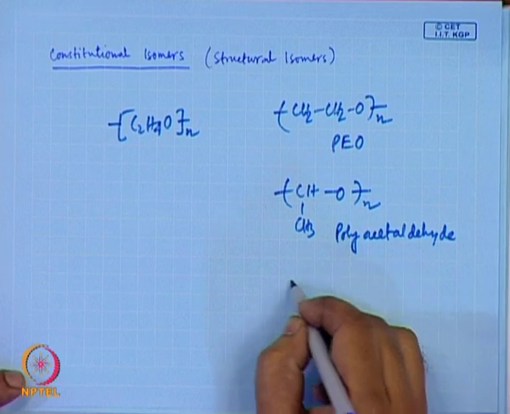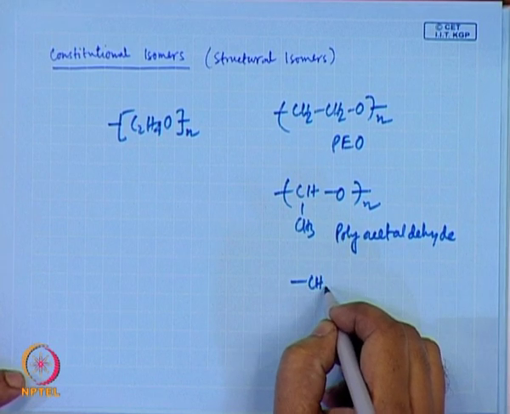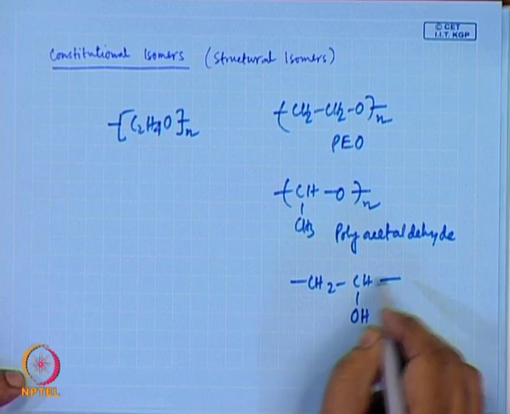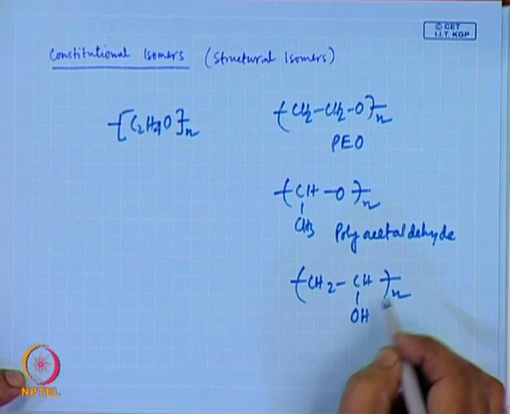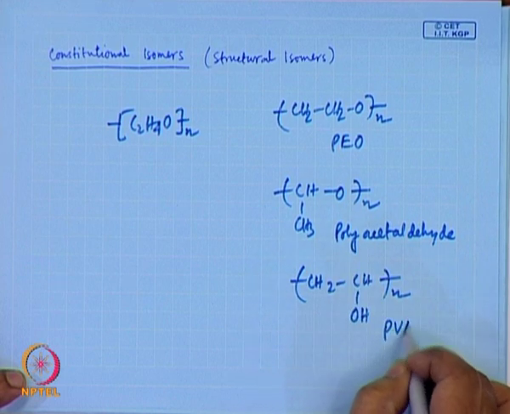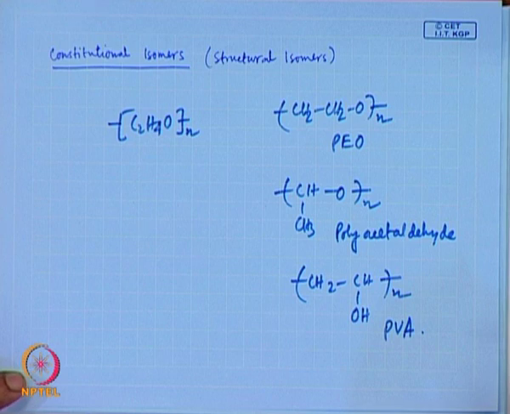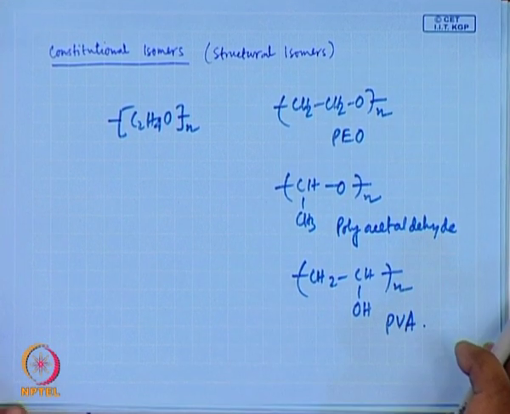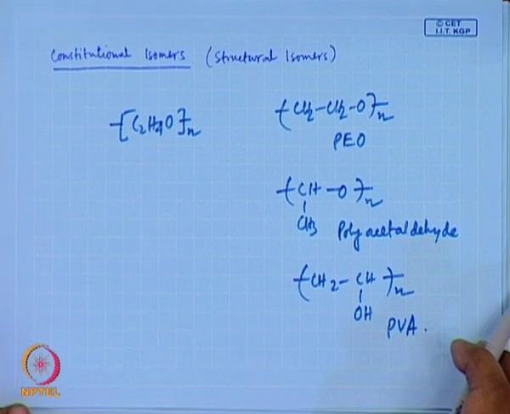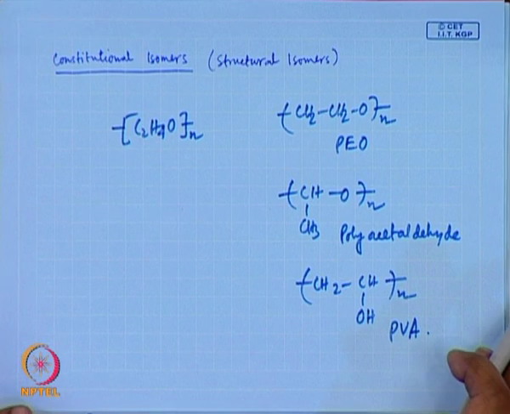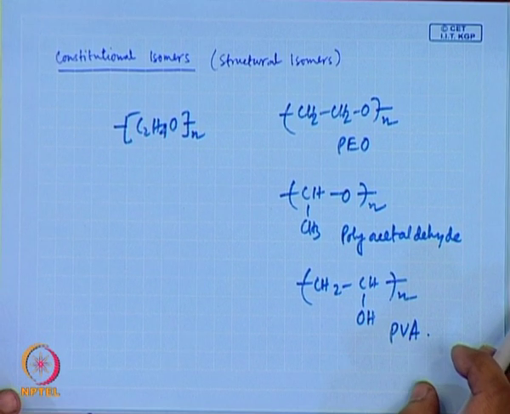Or you can also think of something like this, all of these three we have now written have the same molecular formula. This is polyvinyl alcohol. So, basically these are examples of constitutional or structural isomers, as we know from our basic organic chemistry knowledge.